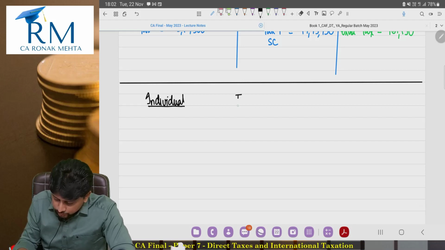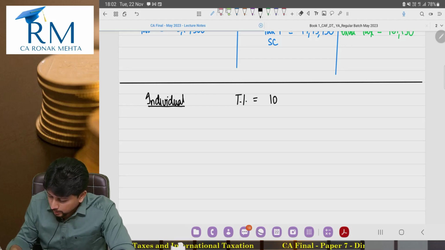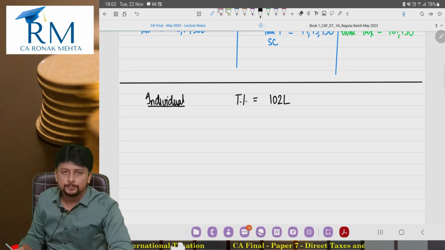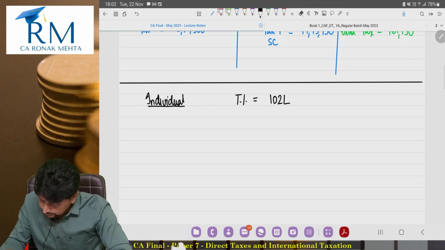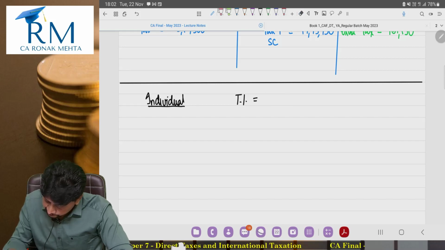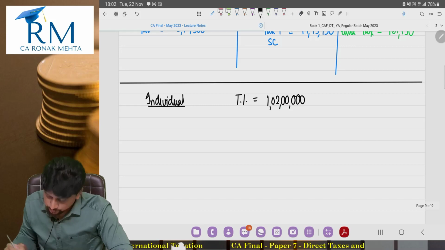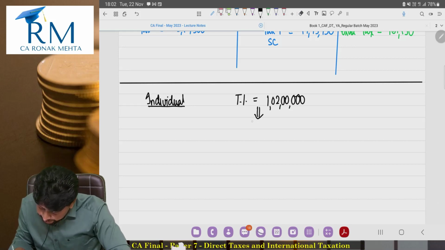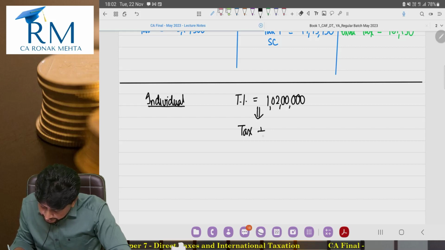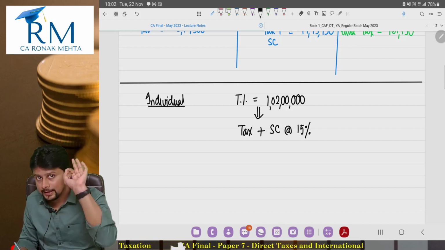There is an individual whose total income is 1 crore 2 lakh rupees. Does surcharge apply? Definitely yes. On this, remember, if it's an individual, surcharge will apply at the rate of 15%. 10% becomes 15%.